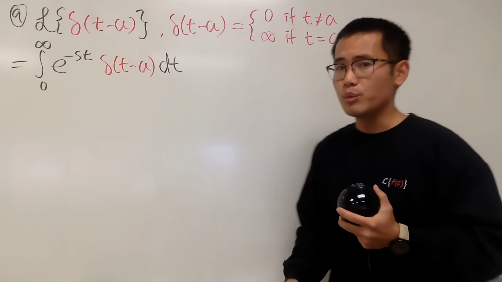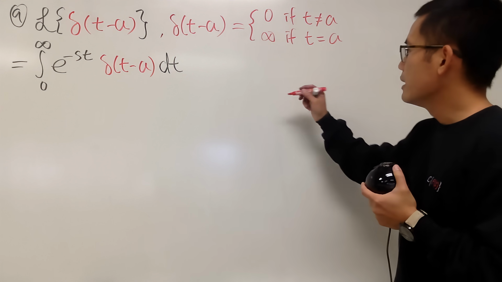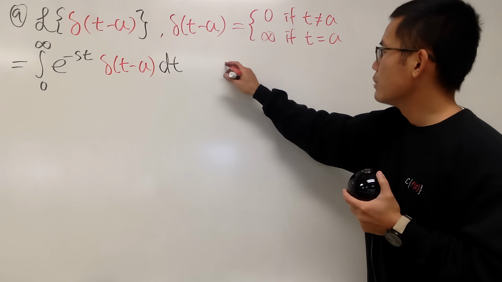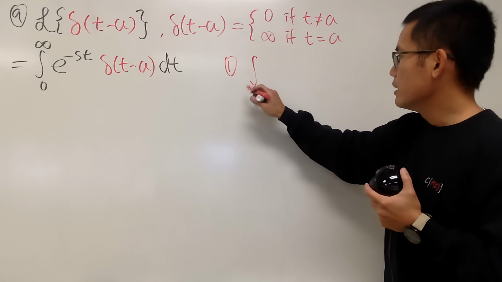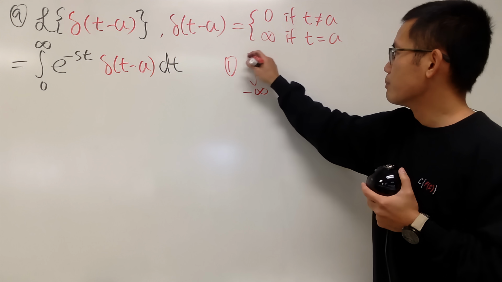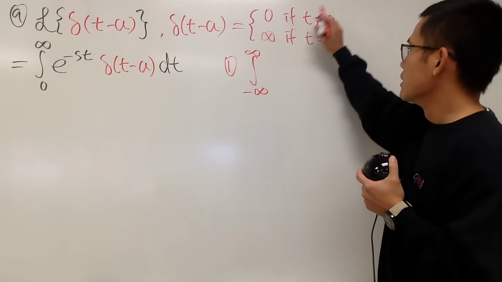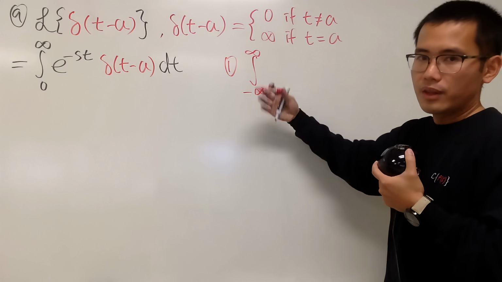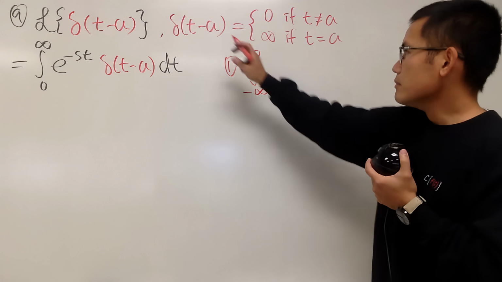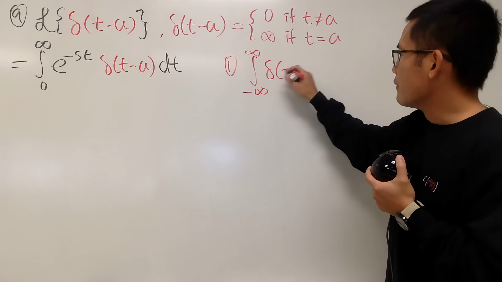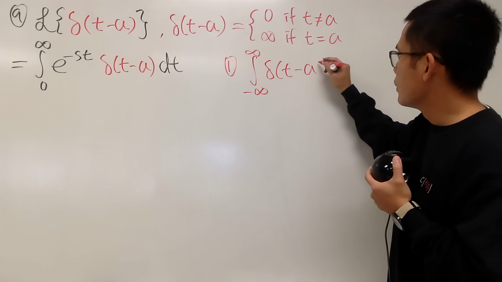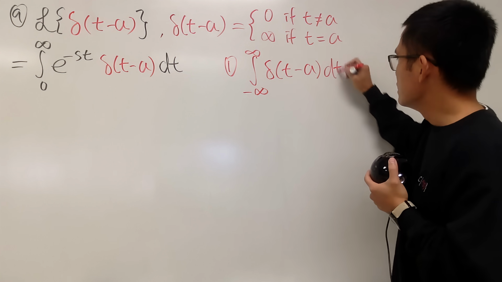Well, I have to tell you guys a few more things about the delta function, right? So one property that you have to know is the following. If you integrate from negative infinity to positive infinity, because the domain is all real numbers, and you integrate delta of t minus a, let me just ask you this question first.